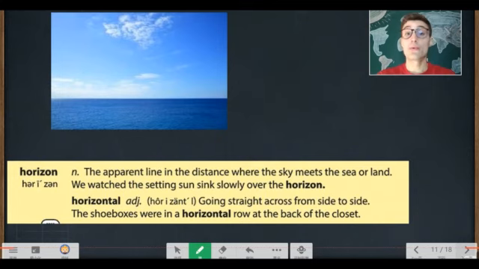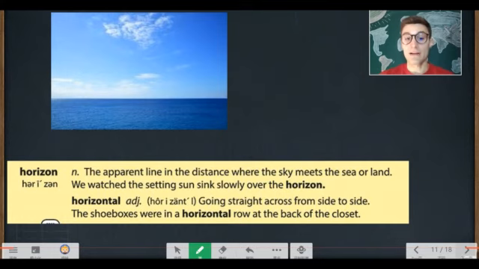Next, it's horizon. Horizon has a noun, and a different form of the word makes an adjective word. The noun horizon is the apparent line. It's apparent because we can see it.